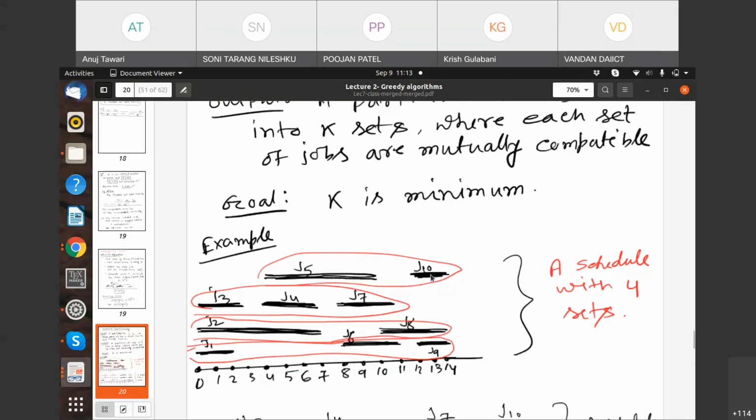And one thing is I can have lectures running in parallel in different classrooms. And I want to ask what is the minimum number of classrooms I need for scheduling these lectures? Okay, sir, means within each set every job should be compatible. And yeah, it is not necessary that every set is compatible with another set. No, no, we don't need that. Okay, sir.